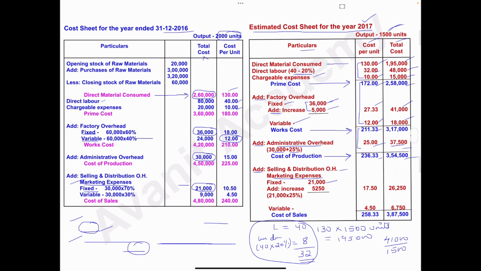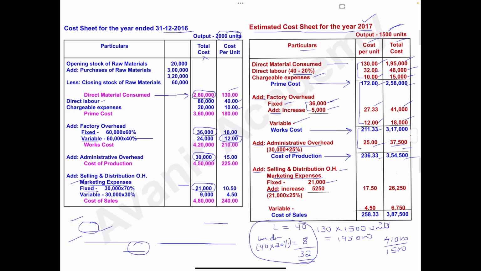Okay, see here I have showed you detailed calculation. In administrative overhead, here directly I have calculated the value that is 30,000 plus increase 25%, you have got 37,500. Here for marketing expenses, I have shown detailed calculation. First you can write the fixed overhead amount, that is 21,000. Add increase. It is increased by 25%.